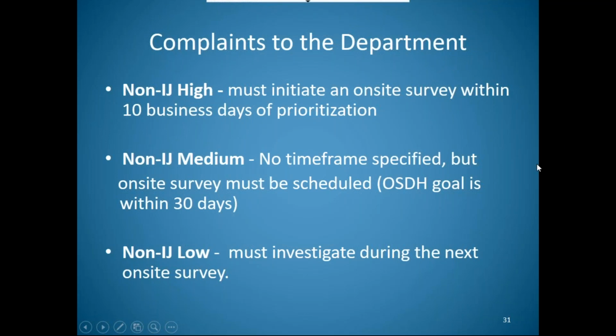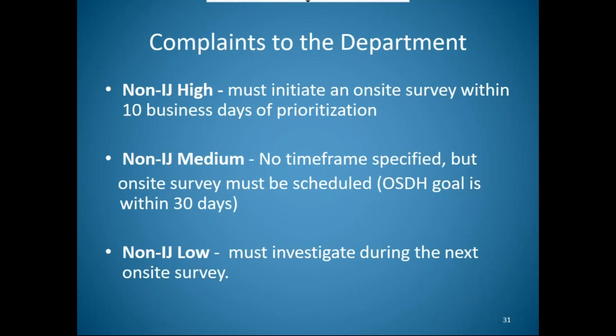An example of a non-IJ low in nursing homes, in my 11 years, I've probably seen 3. They're very, very rare. The one that I worked was a facility that had an enclosed patio area with grass in it, and in order to mow the grass, you had to push the lawnmower from an outside door straight across the hall into the patio area, mow the yard, and then take it straight back across the hall.